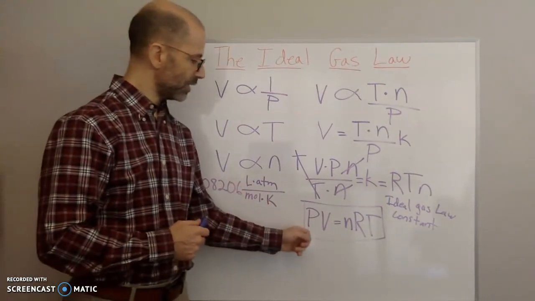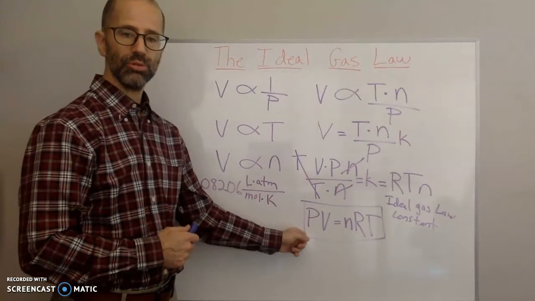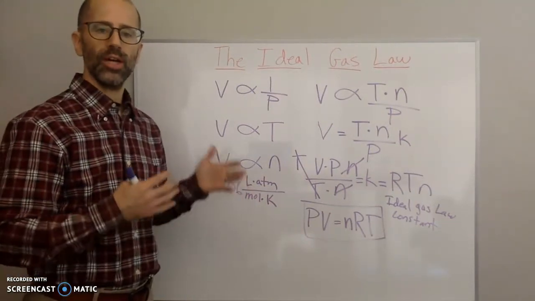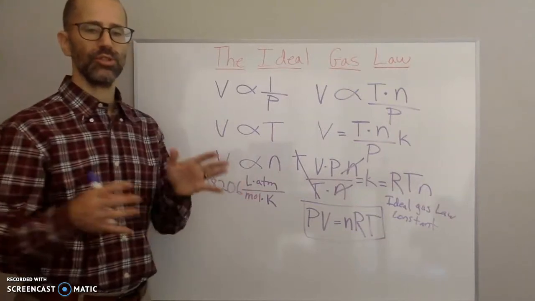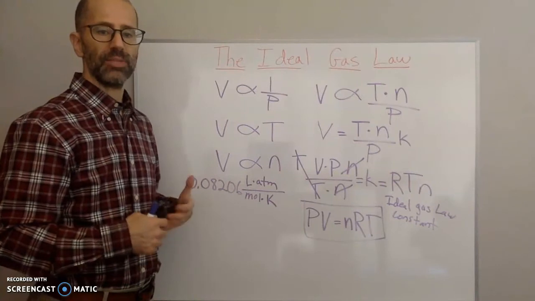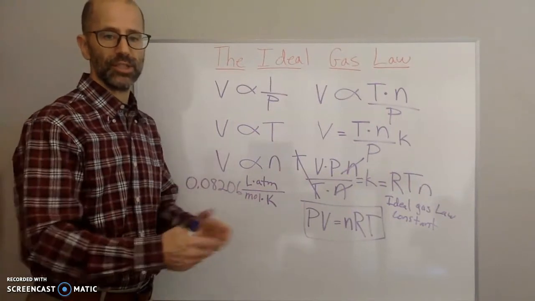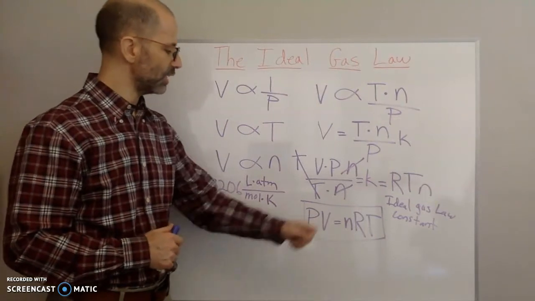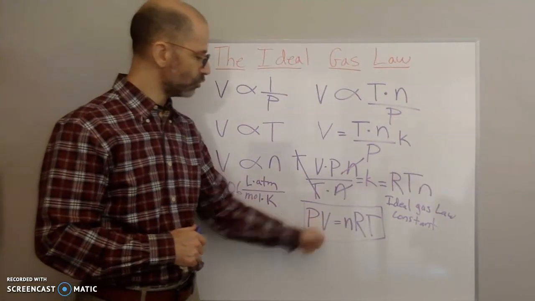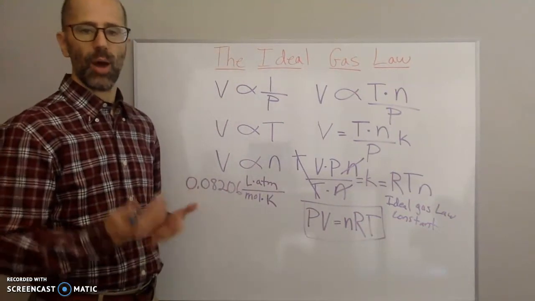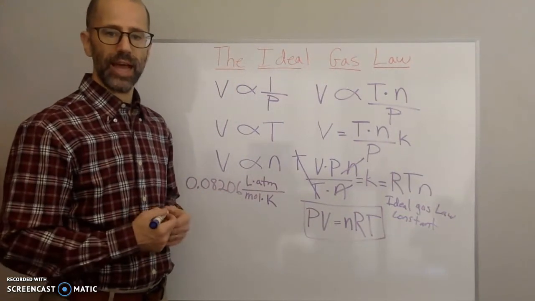Again, this is the law that you would use in problems where there's no change from initial conditions to final conditions. In this kind of problem, they give you a set of conditions. Maybe they give you a certain pressure, a certain volume, and a temperature, and then they ask, what are the moles of this gas?